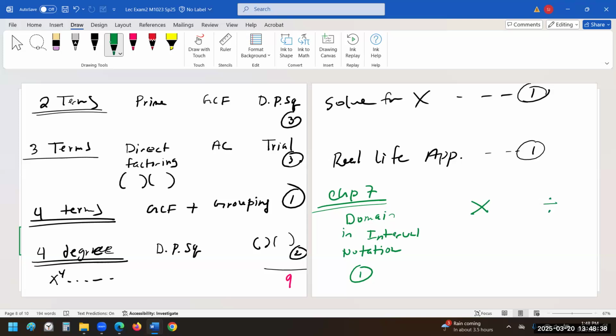So multiply the rational, divide the rational, find the domain. 3 concepts, 3 questions. In our last class, I said I'm going to give you one simplifying, but you don't have to do simplifying because when you multiply and divide, you do the simplify automatically. So I reduce the number. Instead of giving you 4, I'll give you 3 here. Domain, multiply, divide from chapter 7. That's it.